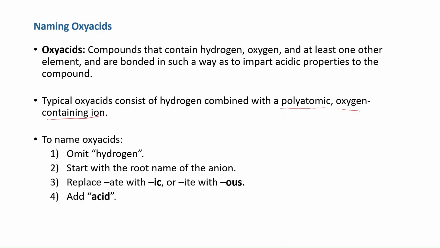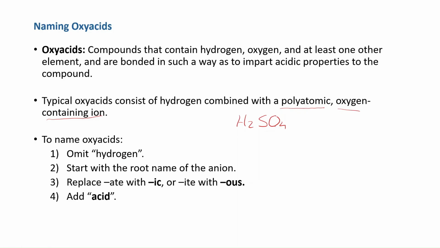So let's think of the sulfate. You call that hydrogen sulfate, but when you dissolve it in water, what do we do? It would be dihydrogen sulfate, or hydrogen sulfate. Sorry, don't put prefixes on ionic compounds. My fault. Hydrogen sulfate. So omit hydrogen.